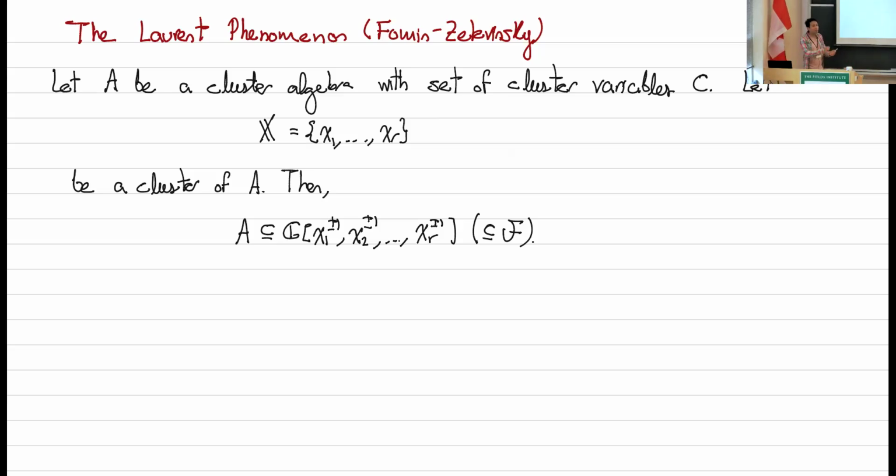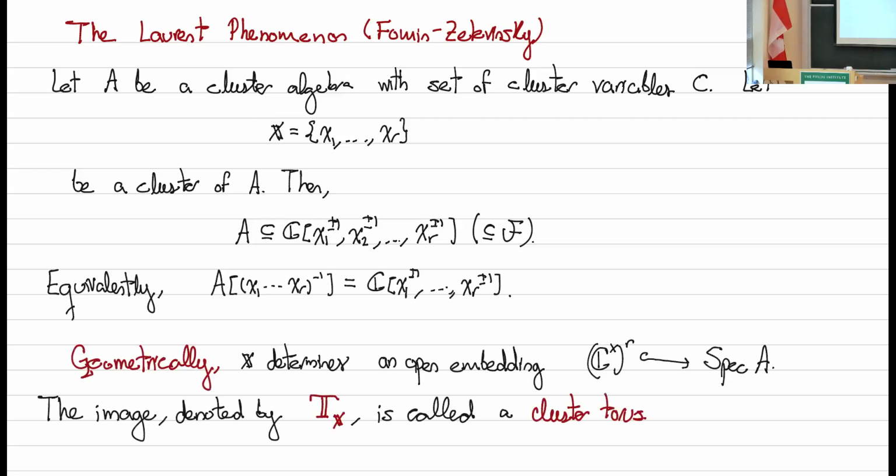In fact, you can always cancel things and get a Laurent polynomial. Geometrically, what this is telling us is that if I invert all elements in this cluster, I just get Laurent polynomials, because the elements x1 up to xr are already in A. So once I invert, I just get everything here.